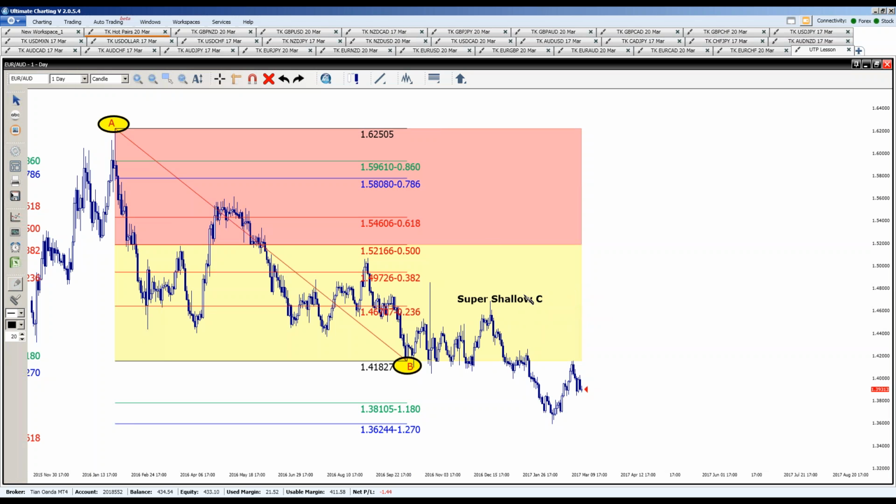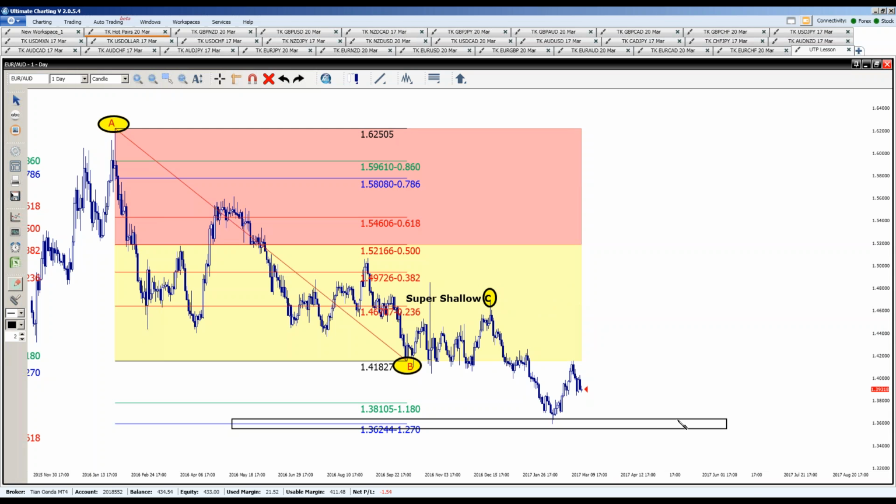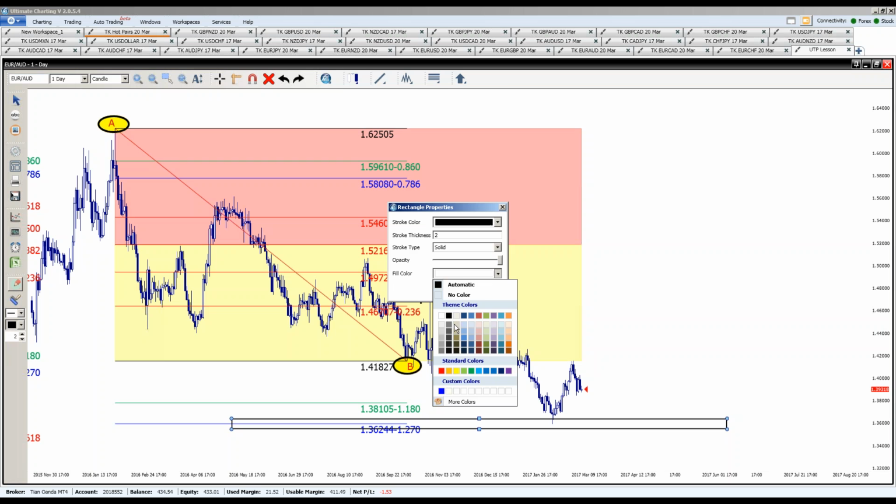The market did not hit the 382. So that is a super shallow C. And then the market moved down and bounced at the 127 extension to the pip. Bounced at the 127 extension.